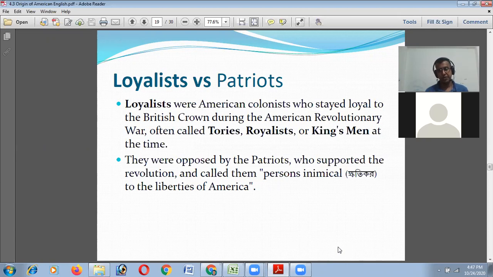So one group, the patriots, supported American independence, and another group, the loyalists, supported the British government or British Crown. We see these two groups in America at the time of the American independence movement.